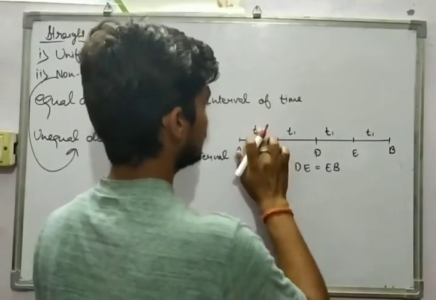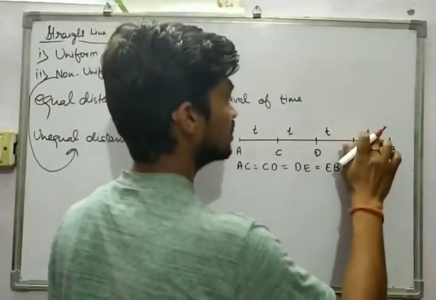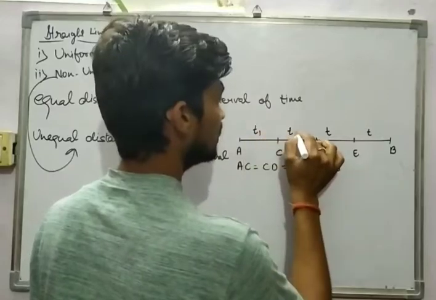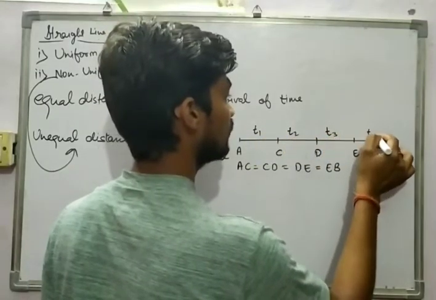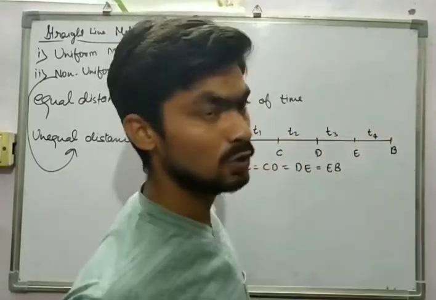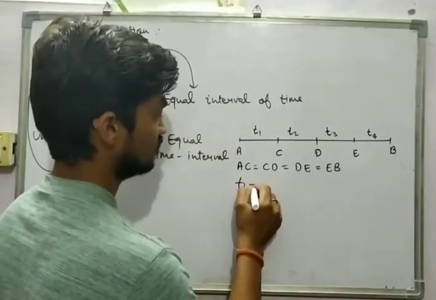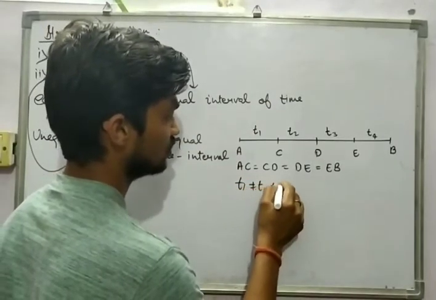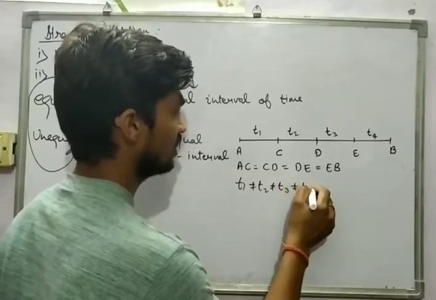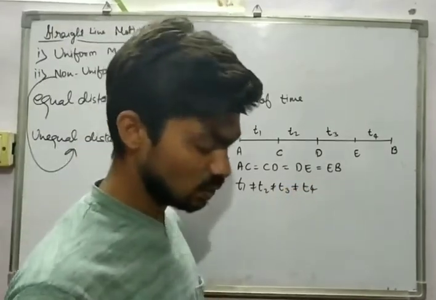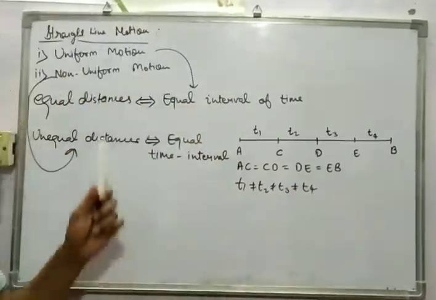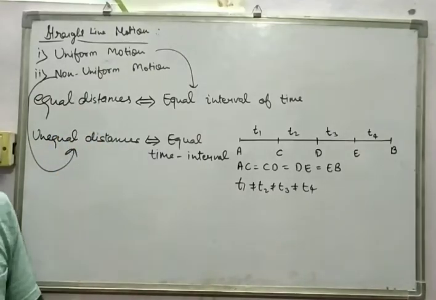Here I have written T1, I will write T2, T3, T4, where these are all not equal. T1 is not equal to T2, not equal to T3, not equal to T4. That type of motion will be called non-uniform motion.